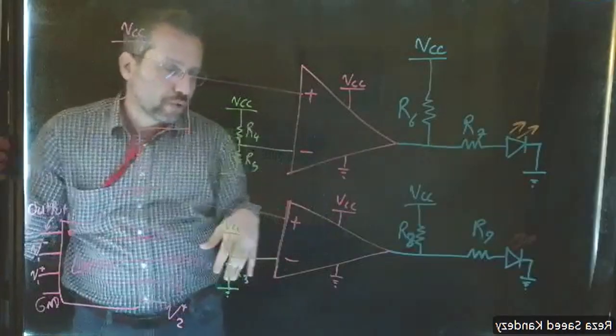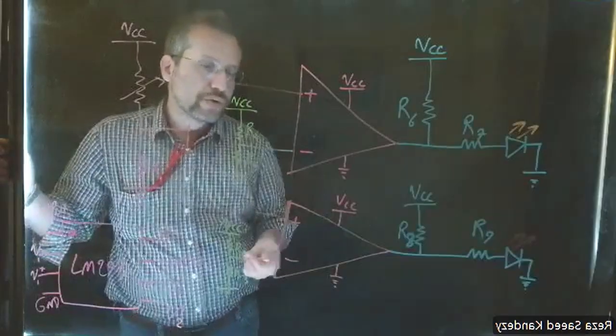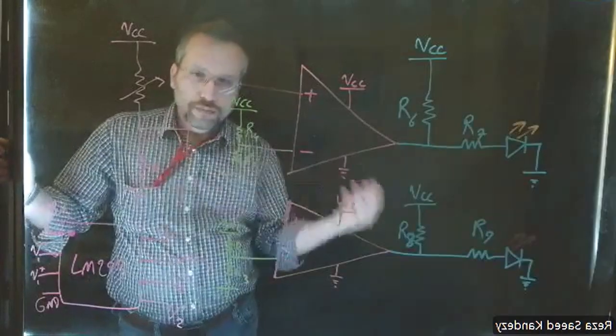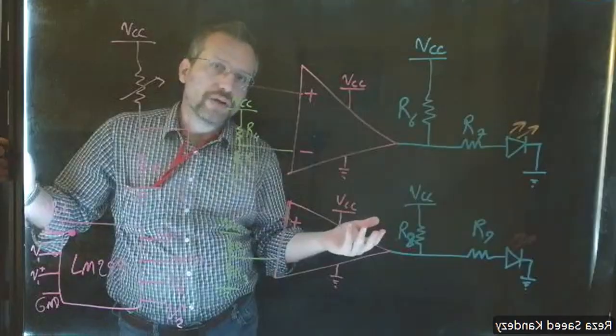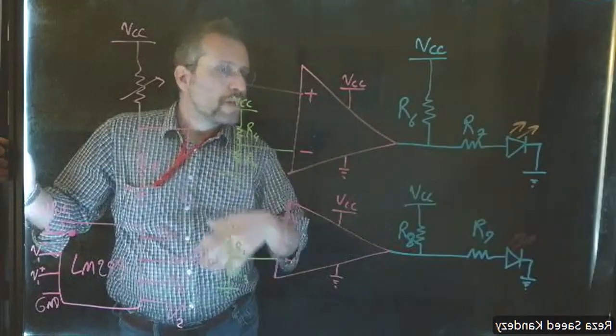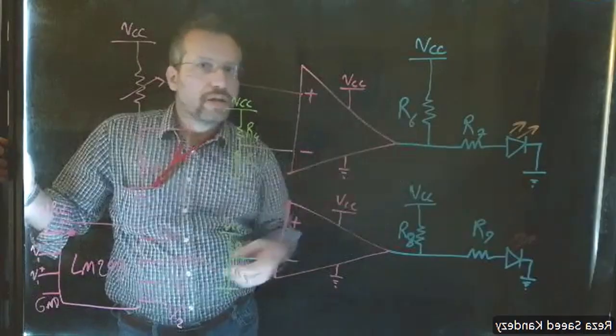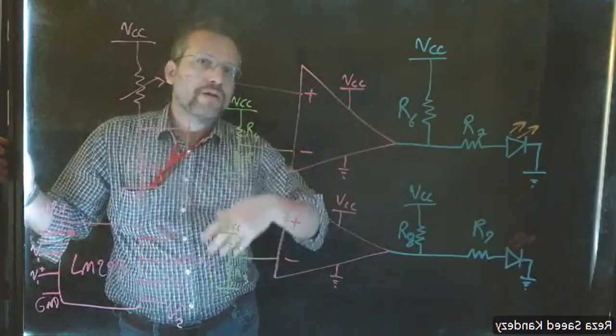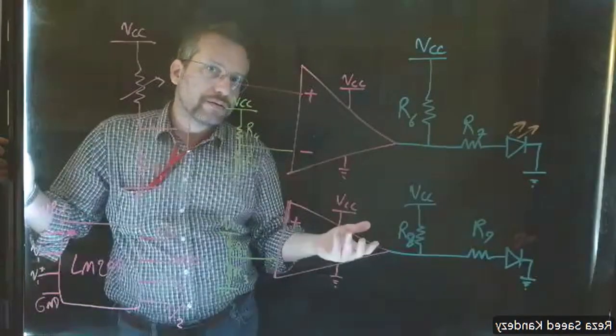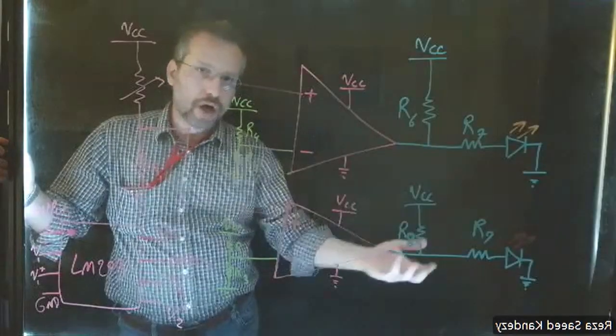For example, you want to say the room temperature is 25. If I go more than 35 degrees Celsius, then I consider that as warm. And if I go more than 40 degrees Celsius, I consider it as hot.